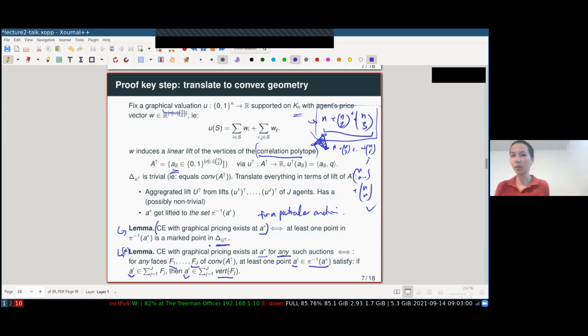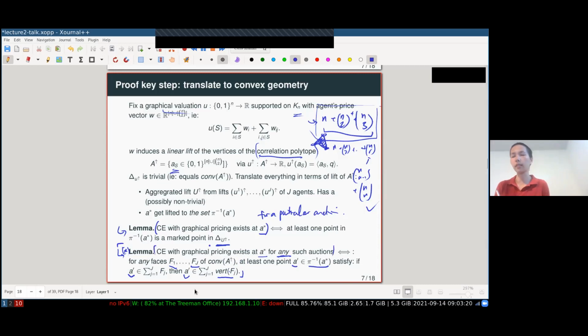Okay, so this lemma is just a little hard to digest. I don't think it's very easy to prove immediately, but the key point is that it translates the economics problem of, how can I guarantee that no matter what auction, I always get competitive equilibrium?